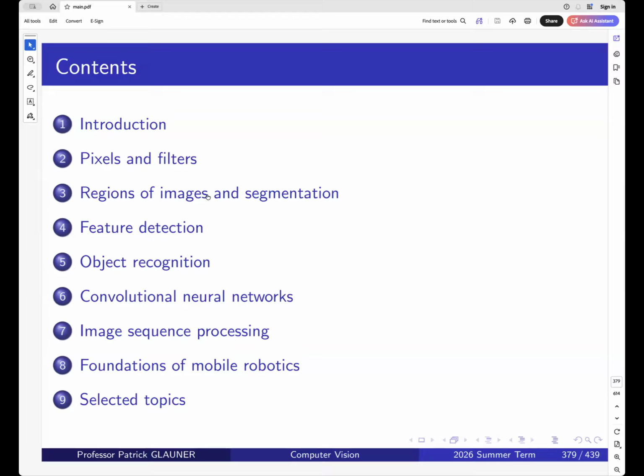We've seen how we can identify regions of images and segmentation. We've seen machine learning approaches. We've seen classical approaches like histograms. And then we want to make it to object recognition. We want to detect, recognize, locate objects. For this, we typically need features. So we've seen different feature detectors like the Harris corner detector or the Hough transform.